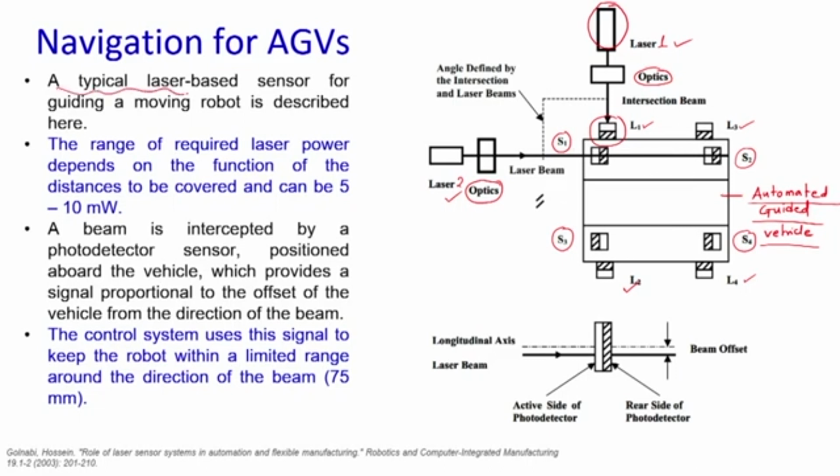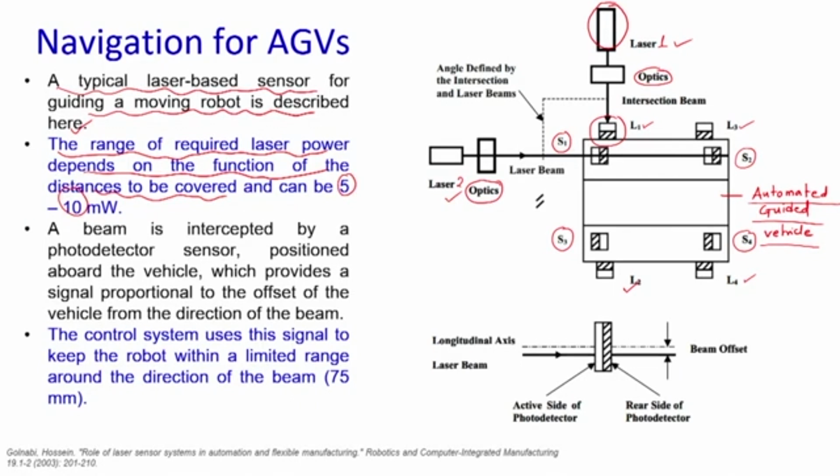A typical laser based sensor for guiding a moving robot is shown here. The range of the required laser power depends upon the distances to be covered, and generally it is between 5 to 10 milliwatt.